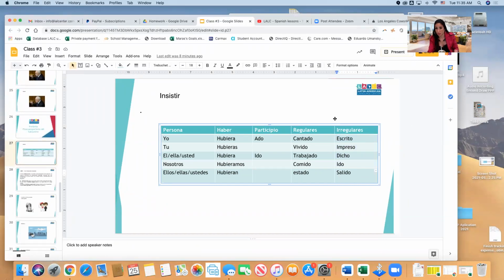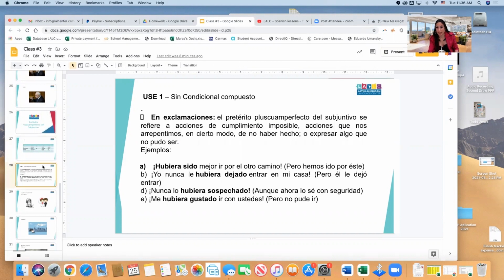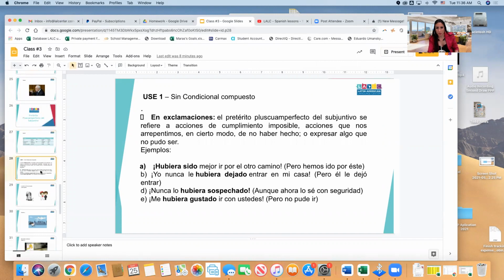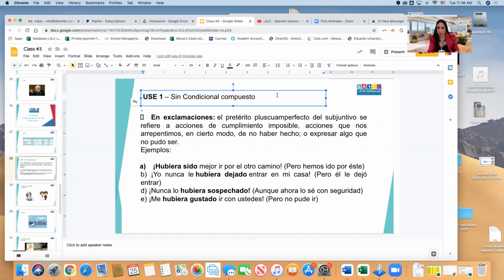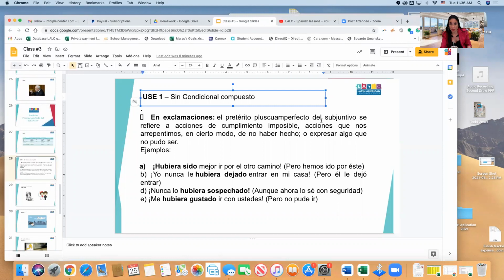Those are important ones: written, printed, said, gone, and gone out. Okay, so let's use the first use, without the conditional compuesto. The conditional compuesto is habría ido, habríamos ido, okay?